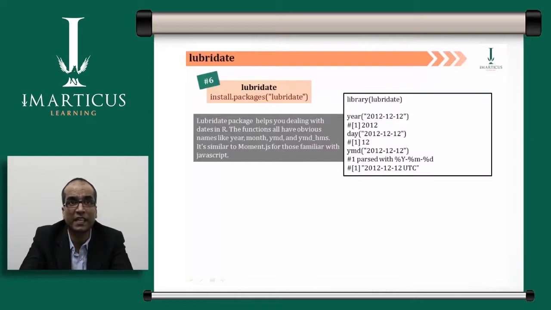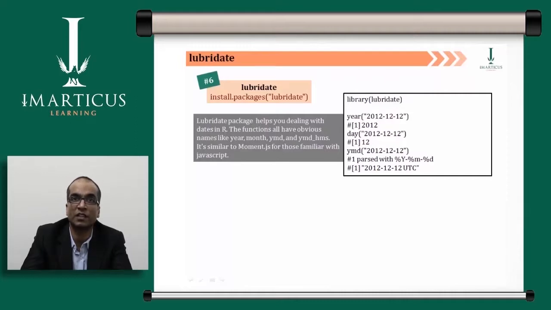The lubridate package, as we were talking, deals more with dates. For example, when you're using a time series model, you might have to start from very granular data like daily sales, and you might want to look at this data from the perspective of monthly sales or weekly sales. Now, if the data is in the format of a date, you can convert it into a number also, but then you might lose that form. So you typically want to retain the date form and still do the manipulation.